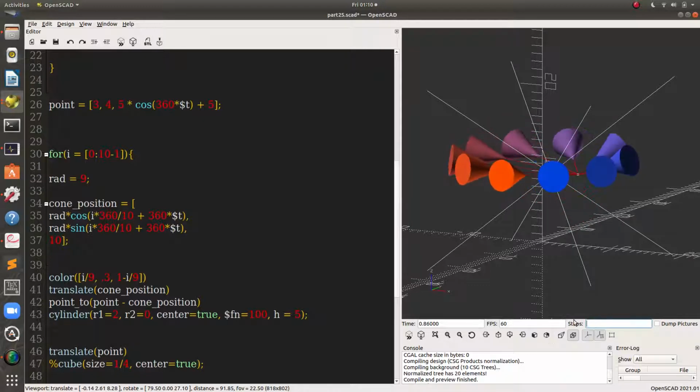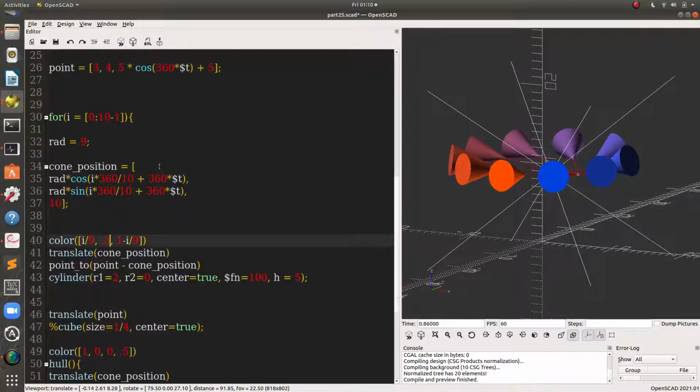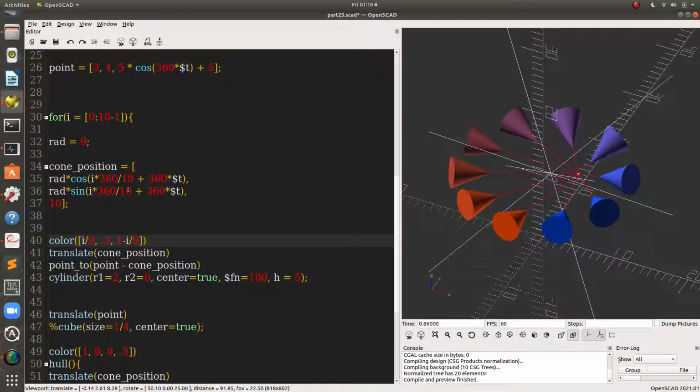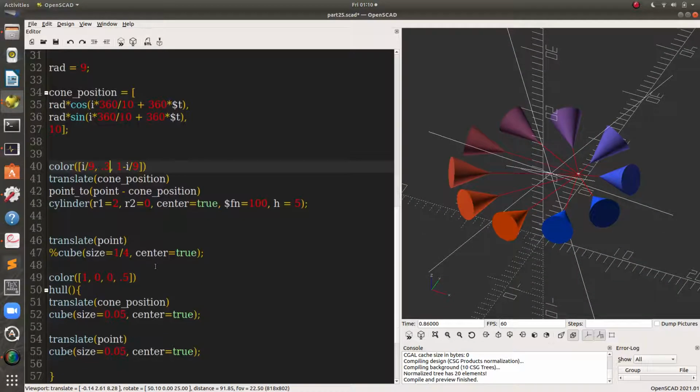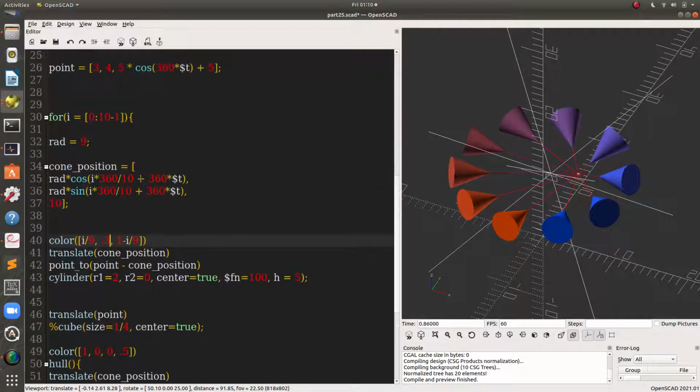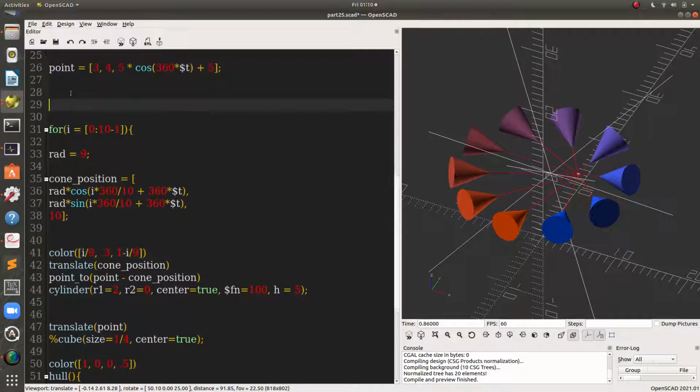And one last thing, I will change the number of things. So let's say num equals 20. This is a bit smaller.